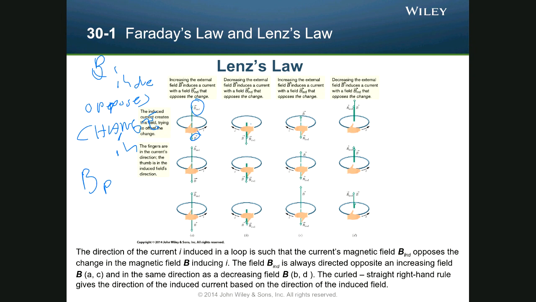And so what Lenz's law tells you is that if I know how the applied field is changing in a conducting ring, like one of these, then I know how the induced field behaves, because it has to oppose the change. And then from my right-hand rule, if I know which way the induced field goes, I know which way the induced current goes. And again, you can actually put a current meter and measure the current in a circuit like this and see that a changing magnetic field does lead to an EMF or an induced current.